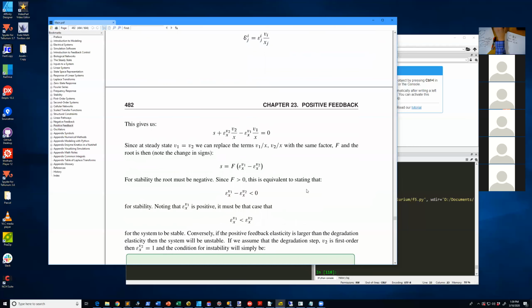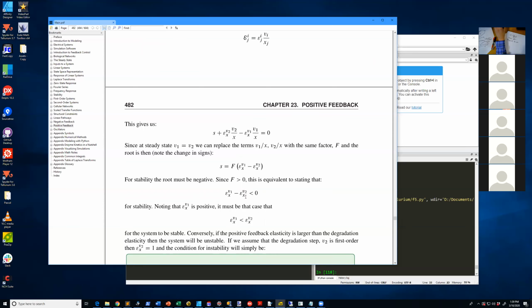Okay. Now, let's recall that this is positive feedback. So this elasticity here must be positive. This elasticity is also positive because it's the forward rate on the mass action rate law, V2, but I got a minus in front.